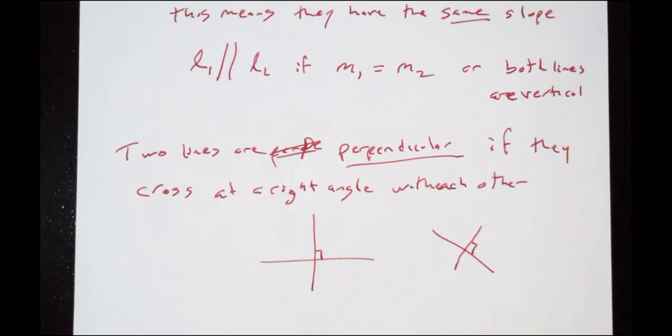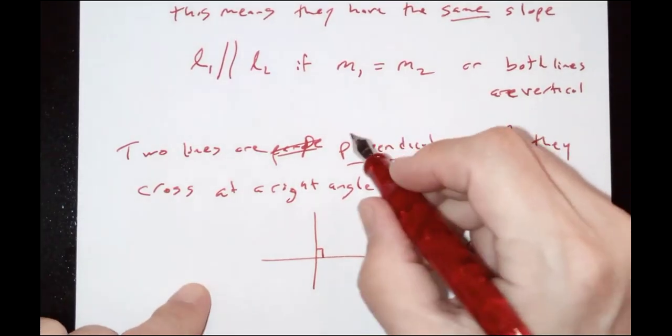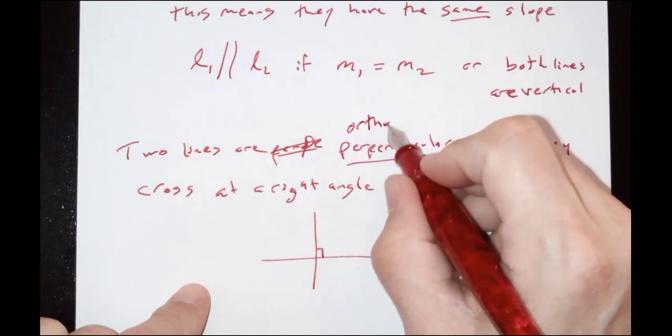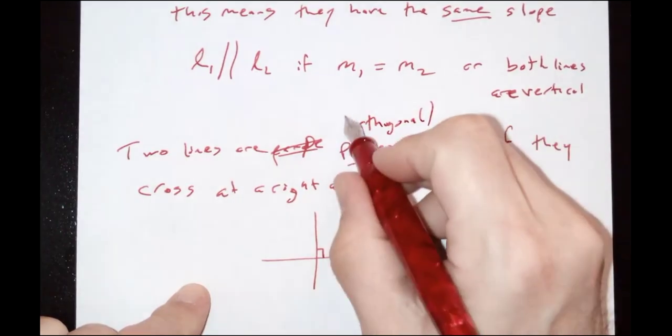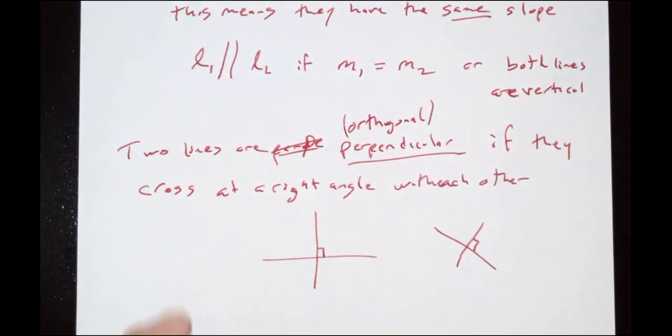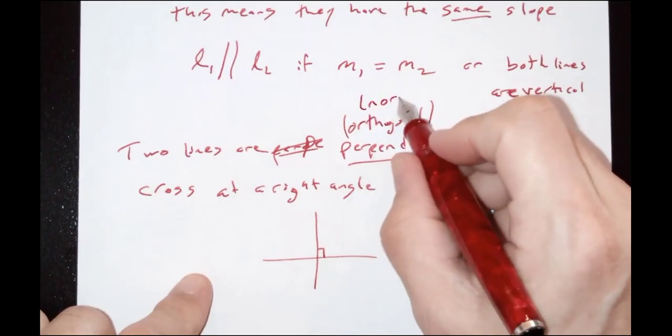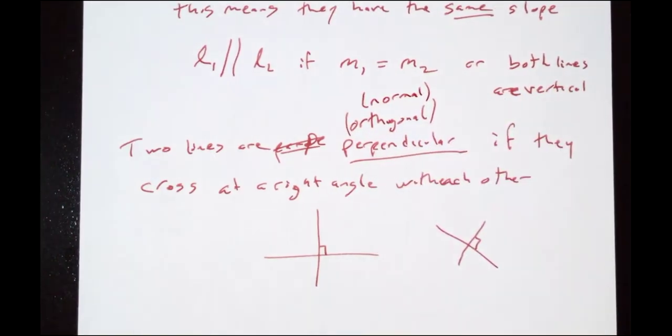I usually put a little square in the corner to indicate a perpendicular connection. You'll also see, instead of the word perpendicular, you'll see the word orthogonal. You'll sometimes see the word normal to describe the same idea.